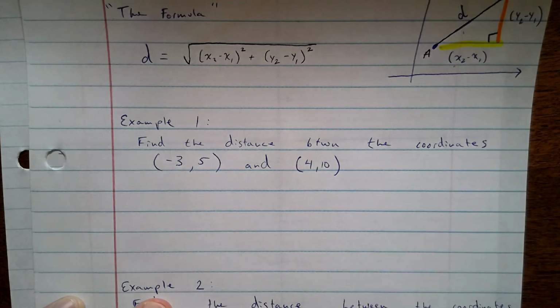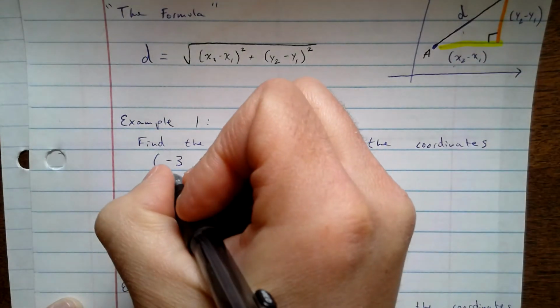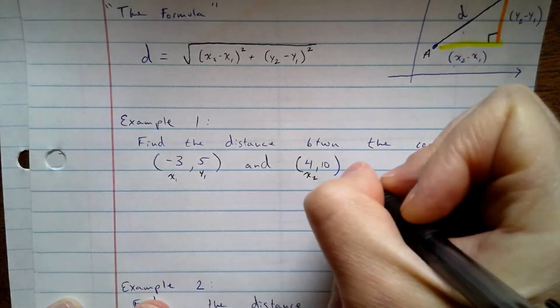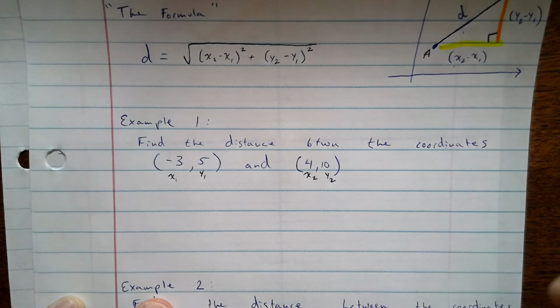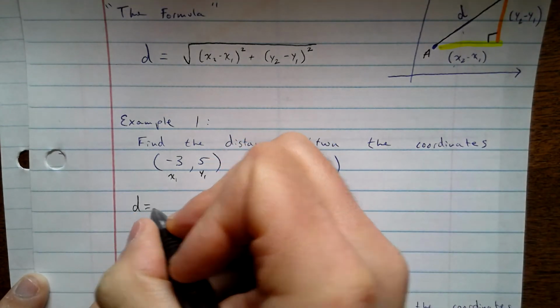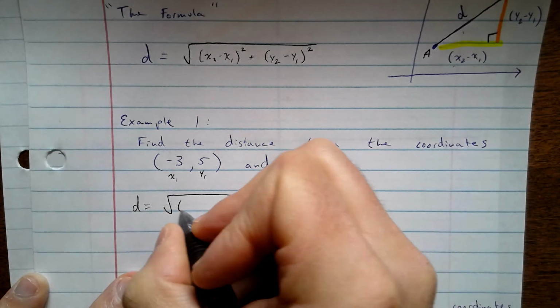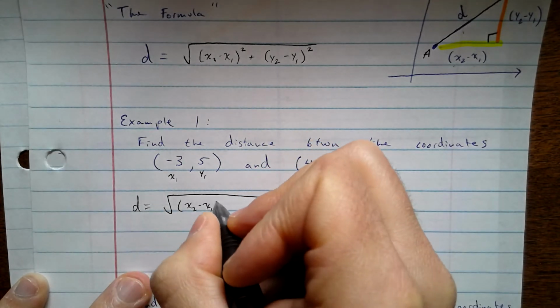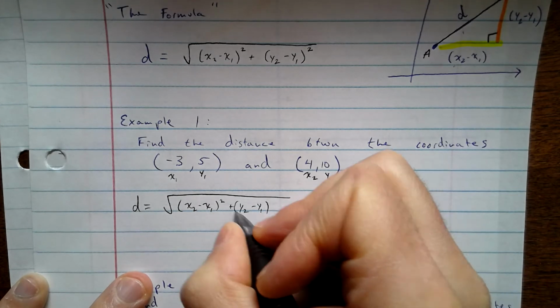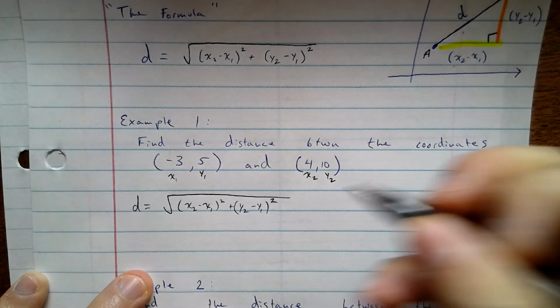So we're going to try and use the formula correctly. First thing I'm going to do is label values. So this is going to be x1, y1, x2, y2. After that, I'm going to plug into the formula. I like to write the formula down. D is equal to the square root of x2 minus x1 squared plus y2 minus y1 squared, and then sub values in.